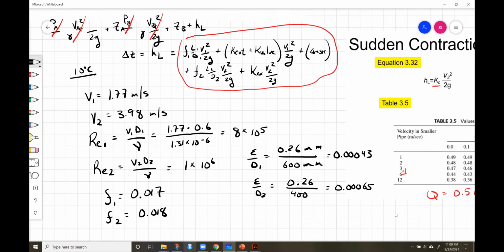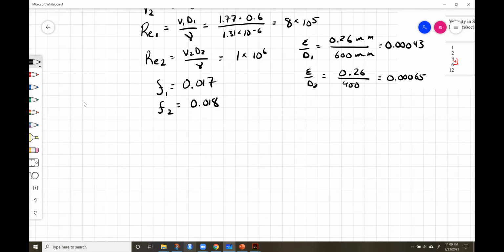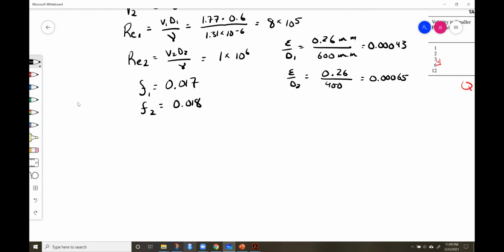Let's go back up here and take a look at what we got. f1, L1, D1, V1, K entrance, K valve. We have the constriction, which is a function of V squared over 2g, and K exit. So let's go ahead and rewrite that just to simplify it a little bit. Delta z is equal to our head loss is equal to K entrance plus K valve plus f1 L over D1, all times V1 squared over 2g.